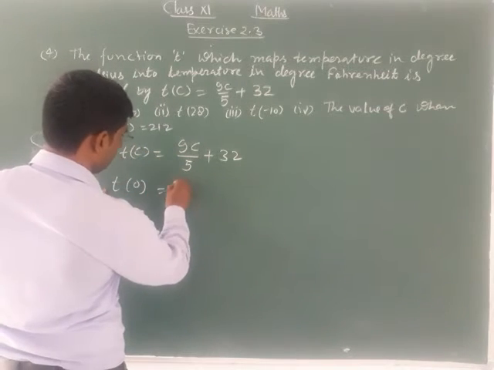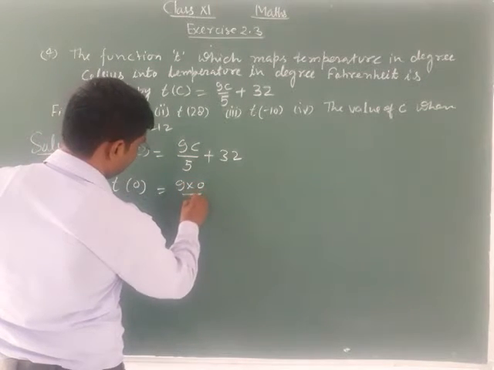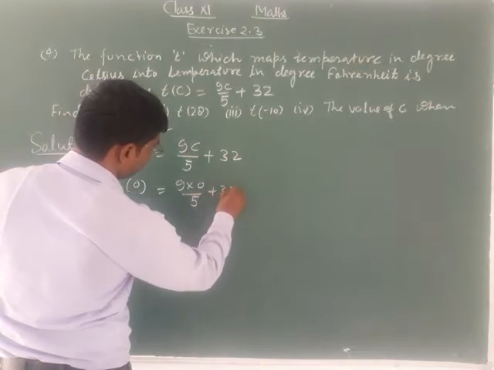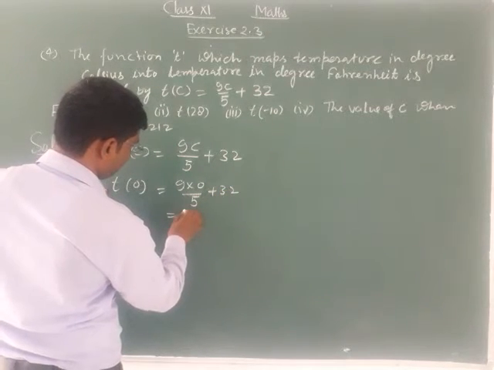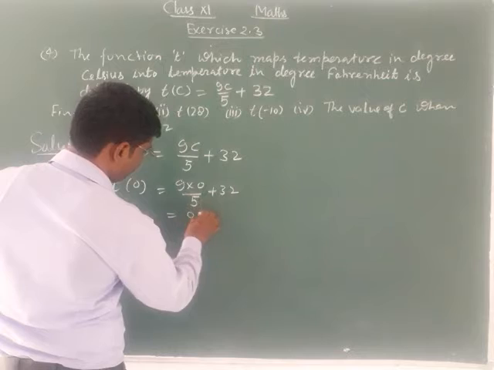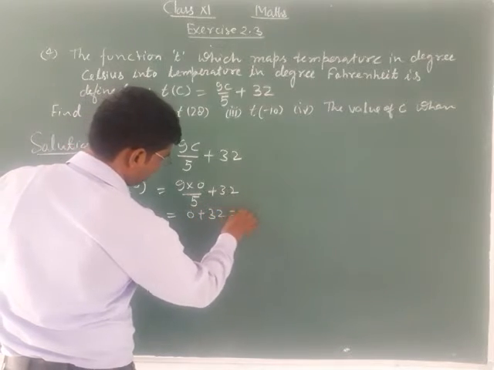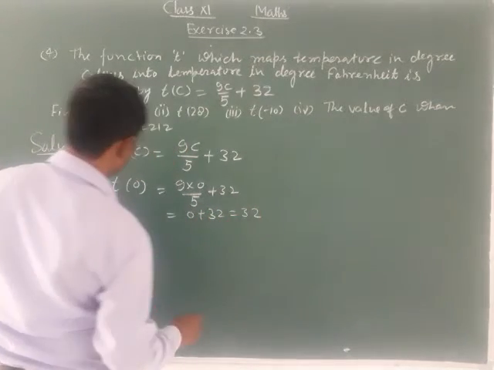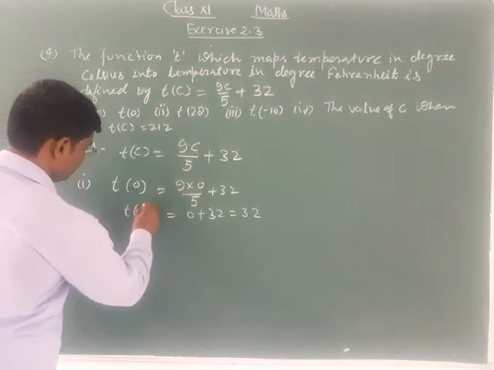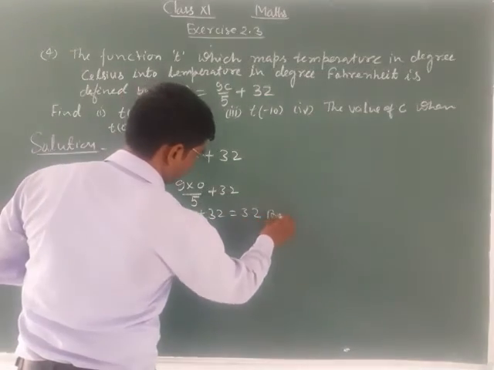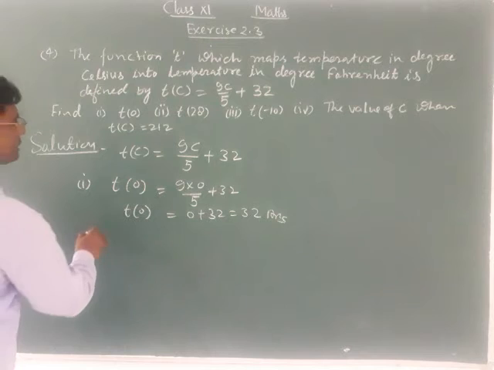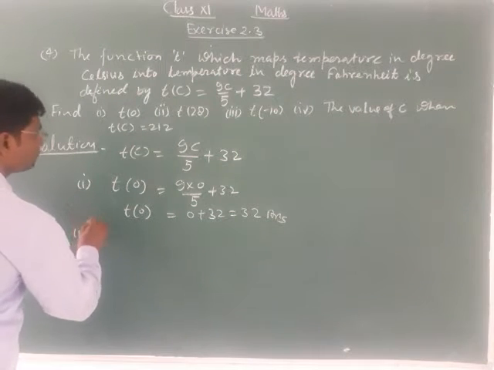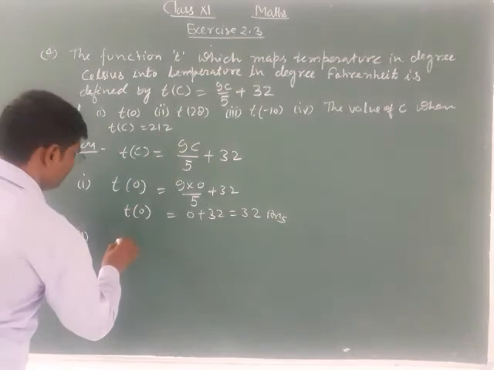So we get 9 into 0 upon 5 plus 32, which is 0 plus 32, is equal to 32. So T(0) is equal to 32. This is the answer.